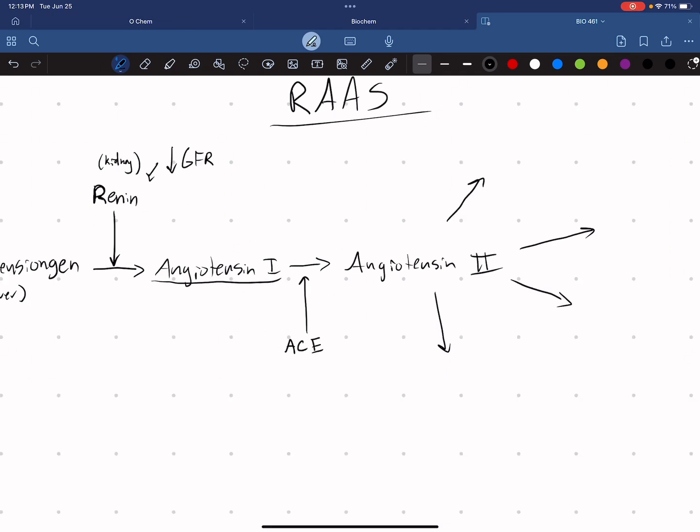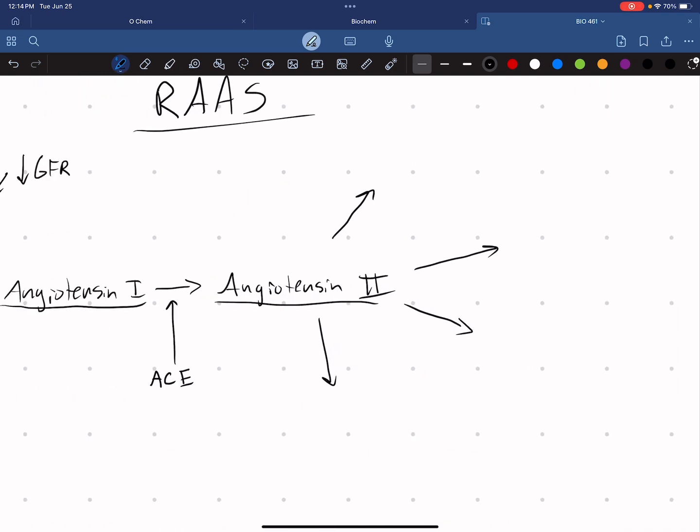And the ACE stands for angiotensin converting enzyme. And so this will cause our angiotensin 1 to go here to angiotensin 2. And so angiotensin 2 has 4 main pathways that it undergoes in order to regulate different things throughout the body. So we'll go ahead and talk about each one of those 4 things.